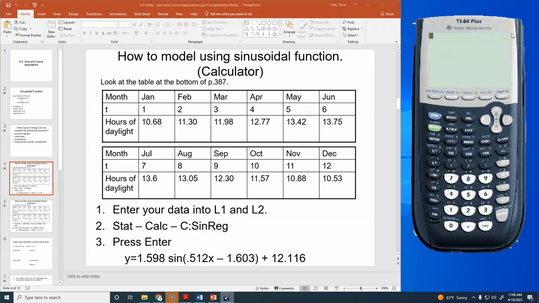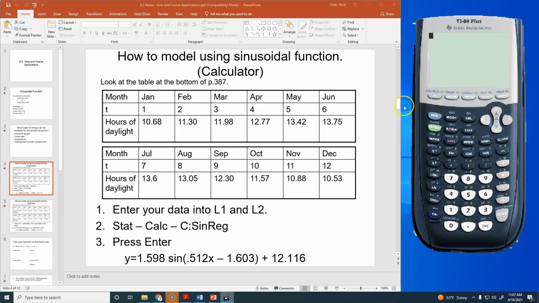I know when I was in college, you definitely had to use the calculator. And I know if I was a college professor, unless I had something where Desmos was built in, I would be hesitant to let you use Desmos on a test, because that would also give you access to the whole internet. So there is a chance, particularly if you get some old school professors as well, that they're going to expect you to know how to use the TI-84 calculator, so it won't hurt you to go through how to do this. I don't care. You can use either way. I just want to show you both here.